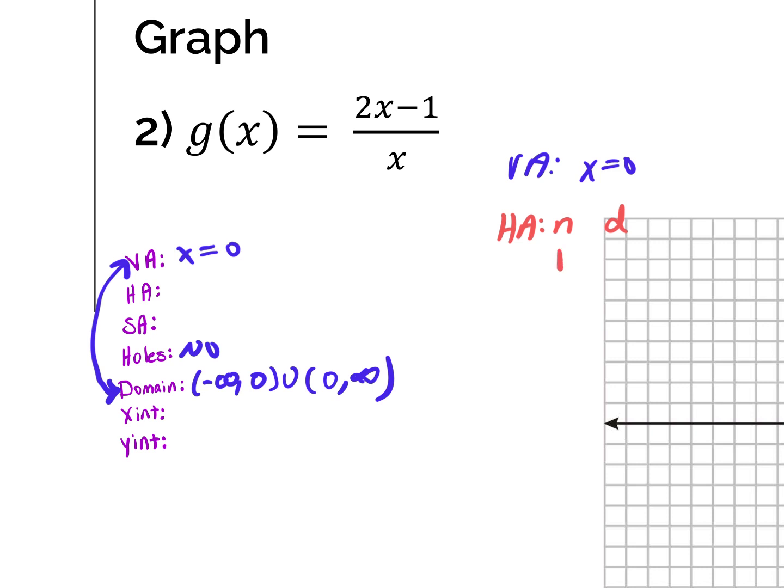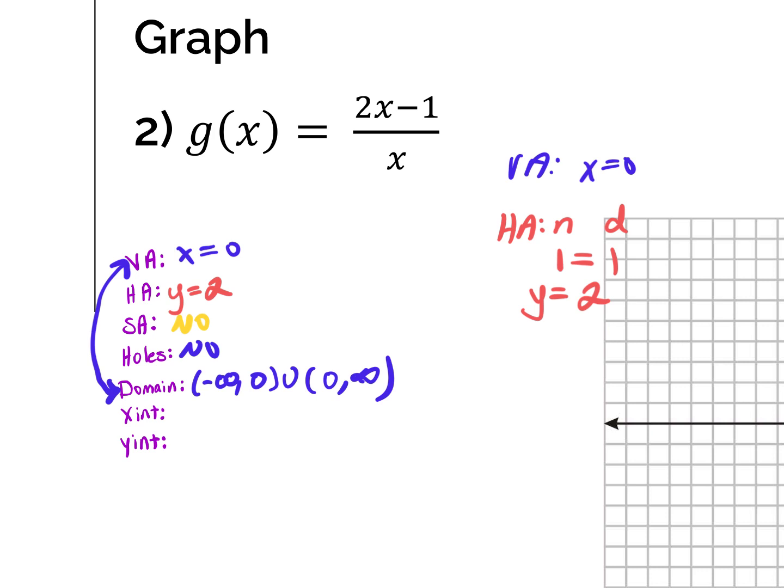What's the denominator degree? 1. 1 is what to 1? Equal to. So that means my horizontal asymptote is that y equals the leading coefficient of the numerator over the leading coefficient of the denominator. So it's y equals what? Perfect. If we have a horizontal, what do we know we don't have? A slant, so there's none.